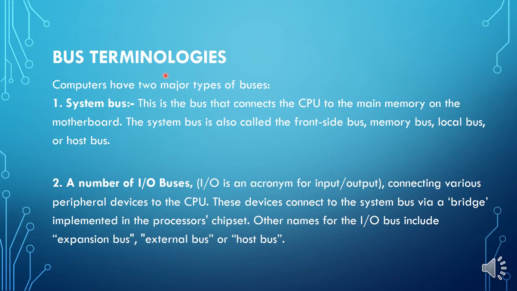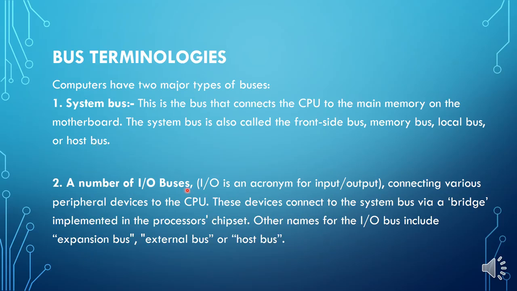Now, bus terminologies. There are two major types of buses: system buses and IO buses. System buses are also called front side bus, memory bus, local bus or host bus.